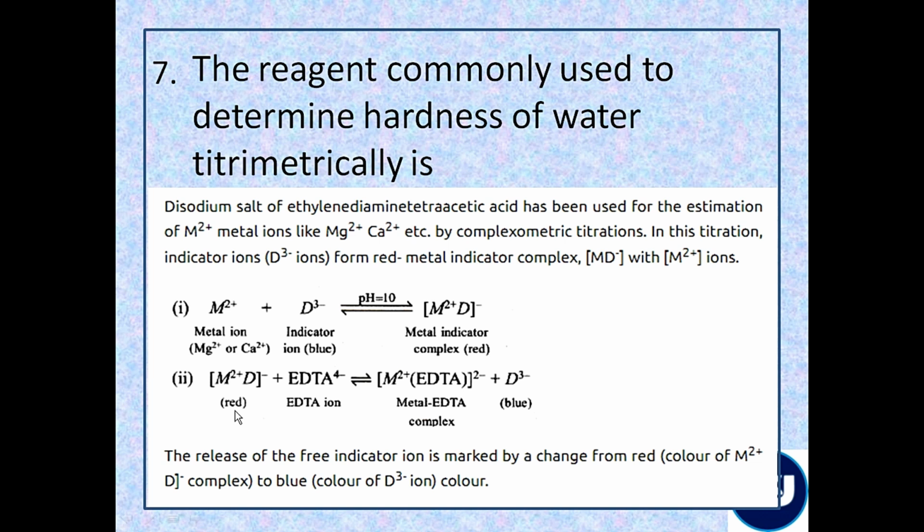In this process, the red colored complex changes to blue color because of the regeneration of the indicator ion. So the release of the free indicator ion is marked by a change from red color to blue color.